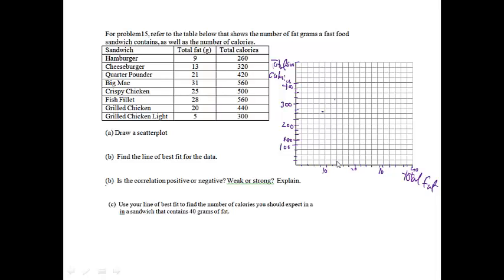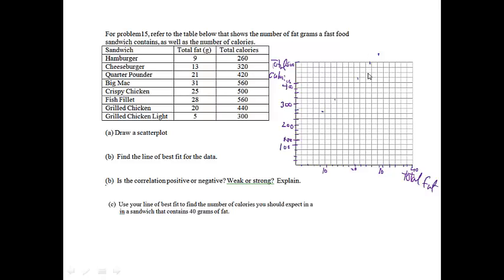And then we've got 21, 420. And then we've got 31, 560, which is just going to be way off. So I'm going to put it up there somewhere. And then we've got 25, 500.